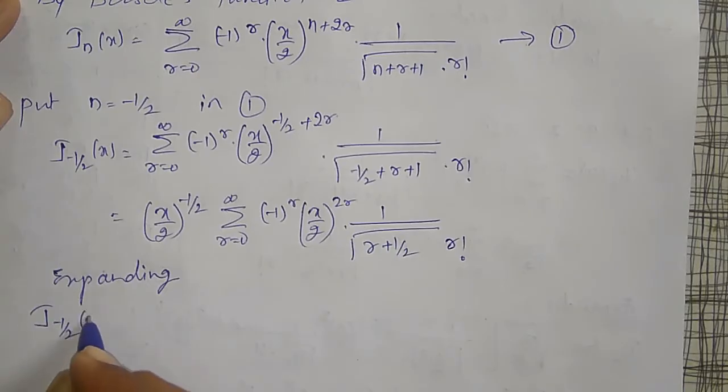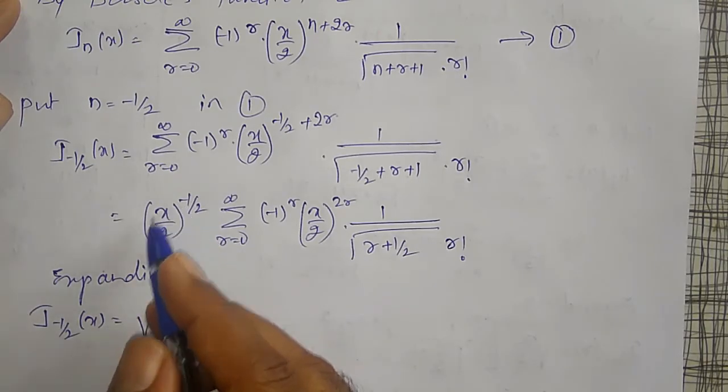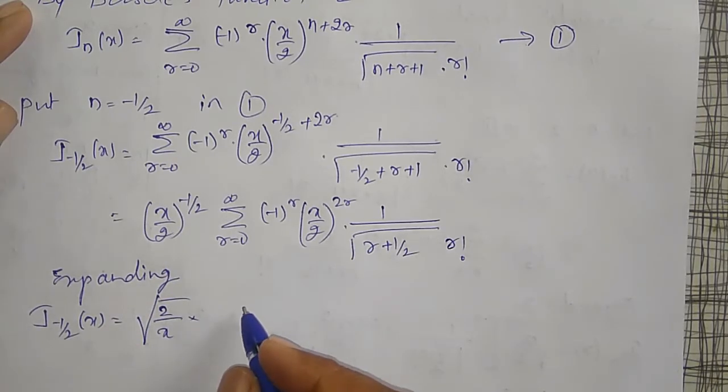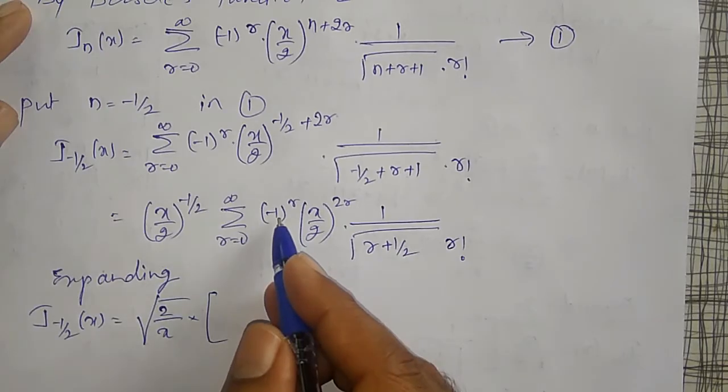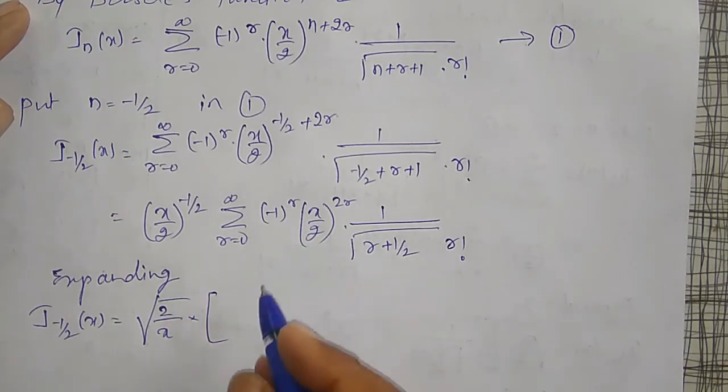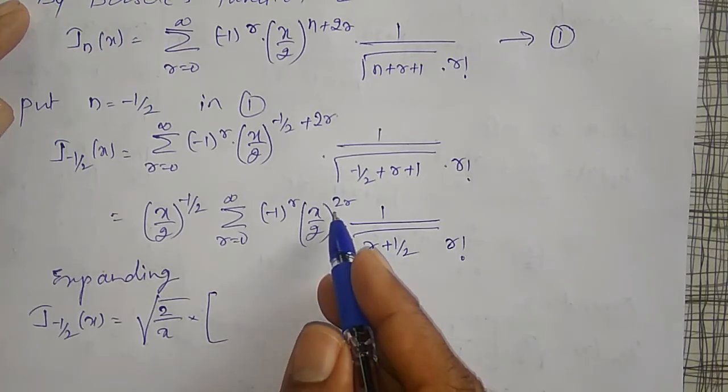J minus half of x, I can write this as square root of 2 by x, I will write the reciprocal, into summation r equal to 0. Minus 1 raised to 0 will become 1, therefore x by 2 to the power 0 will become 1.